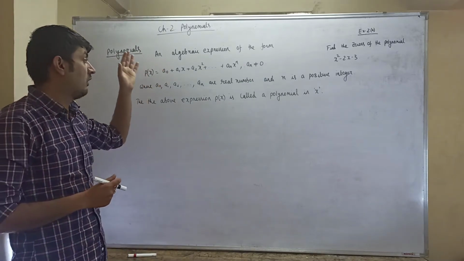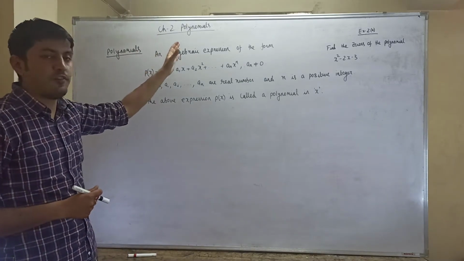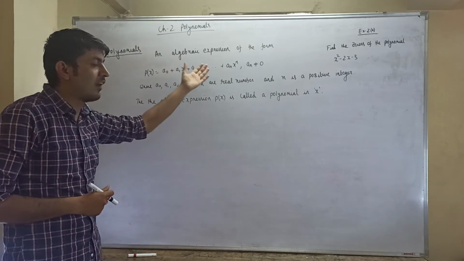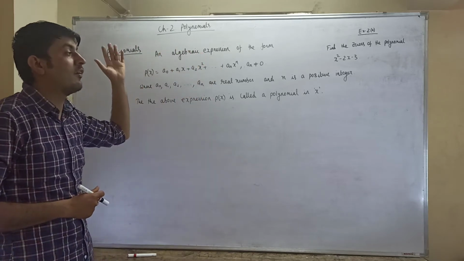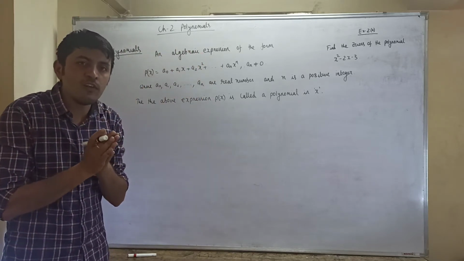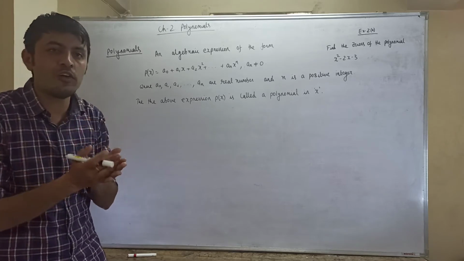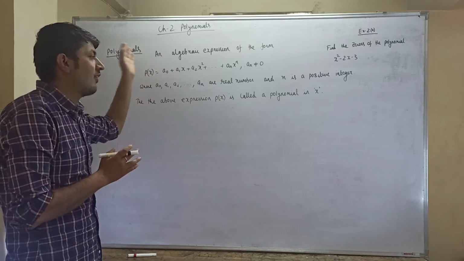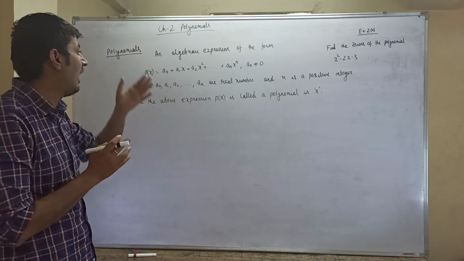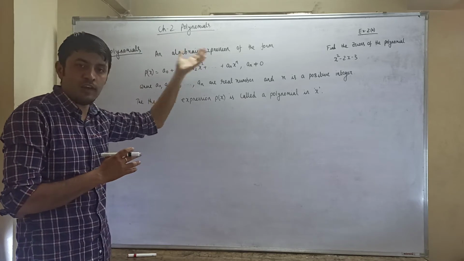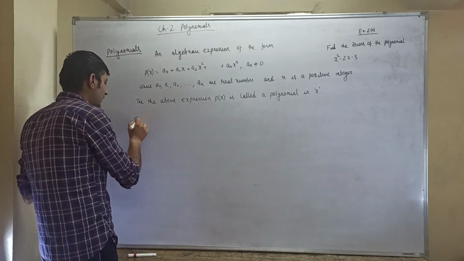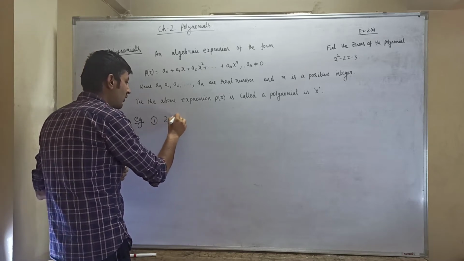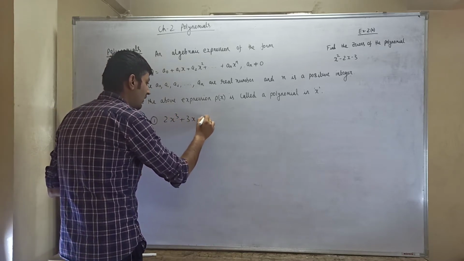I have just given the definition, but you may be facing a problem: how to see, whenever an expression is given, whether it is a polynomial or not. In order to explain this definition, let me take some examples. Suppose the first example is 2x cubed plus 3x plus 7.